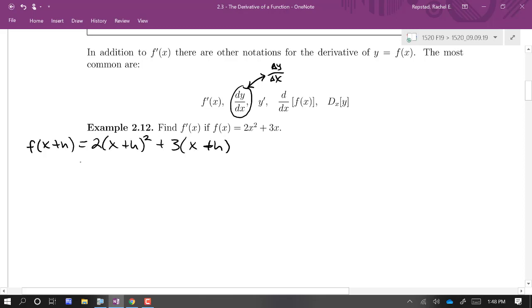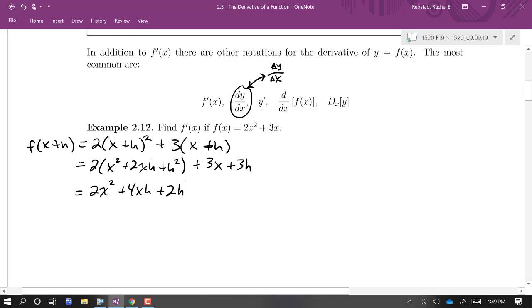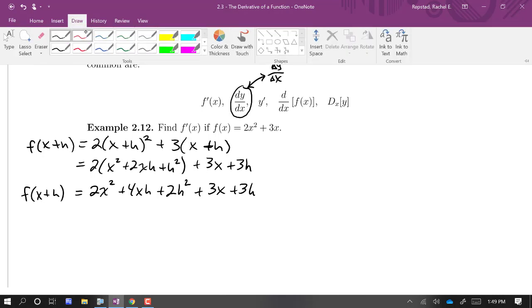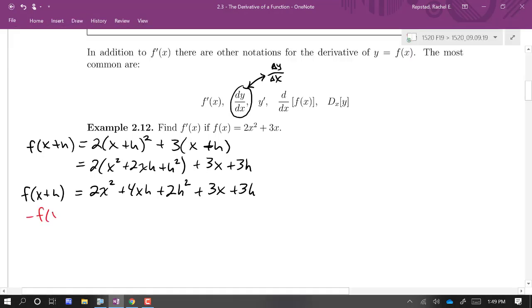We're going to expand this out. And I'll distribute that too. So this is f of x plus h. Then we're going to subtract f of x, just like we did before.